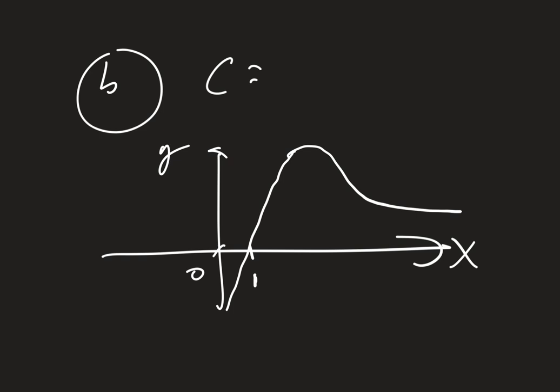So it asks you to find the area enclosed by C, the x-axis, and the line x equals 3. x equals 3 is here. And this is e to the power of 1 over 3. It is not equal to 2 to the power of 1 over 3. Got it?